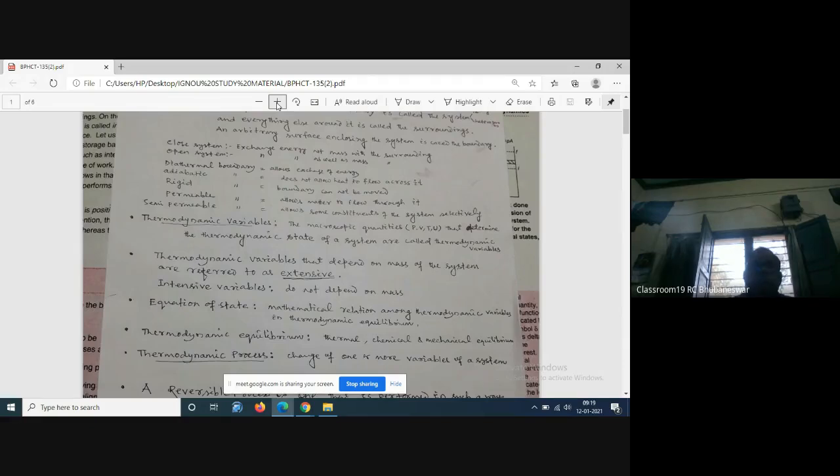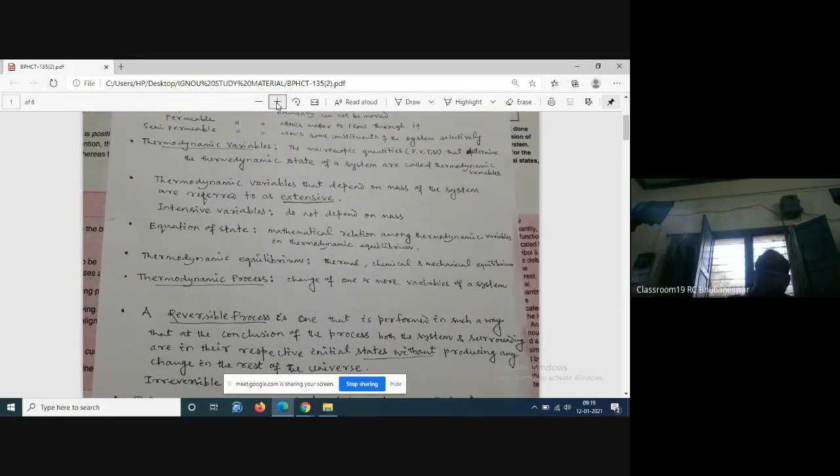Now go for the equation of state. This is the mathematical relation among thermodynamical variables for a particular process in thermodynamic equilibrium. So the mathematical relations among thermodynamical variables, that is P, V, T, and so on.